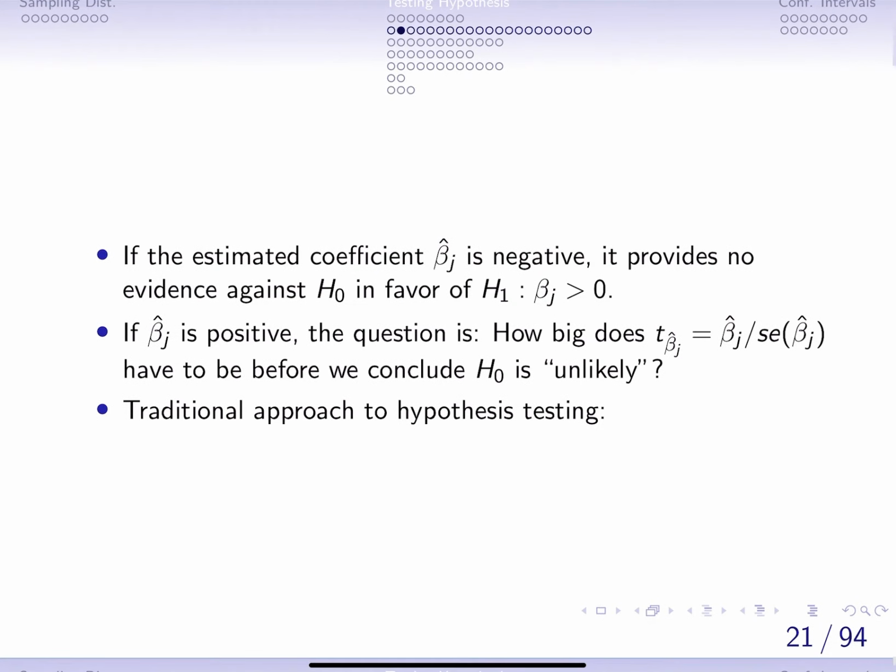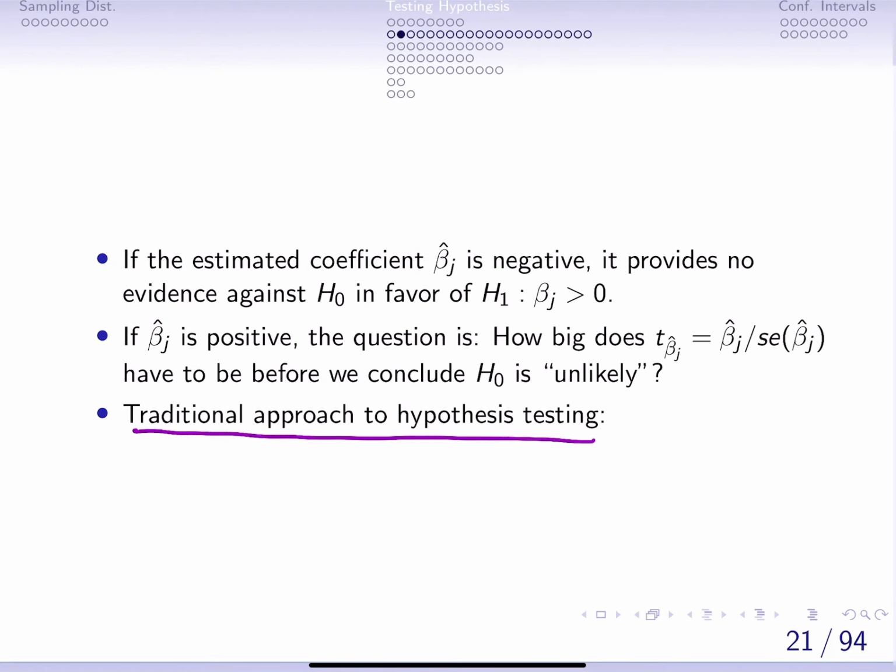So I'm going to walk you through a traditional approach to hypothesis testing. Essentially, we are trying to ask the question: how big does the t-statistic have to be before we reject our null hypothesis? Or in other words, before we conclude that the null hypothesis is very unlikely.